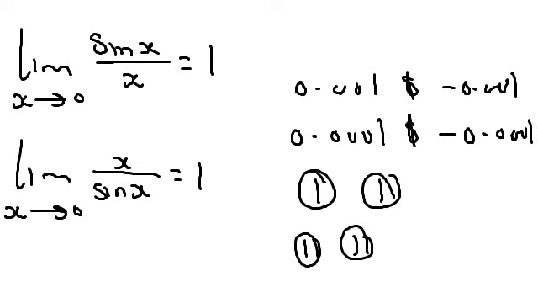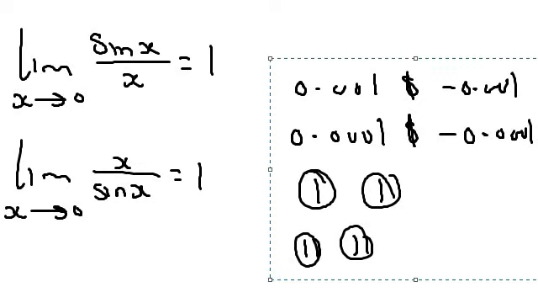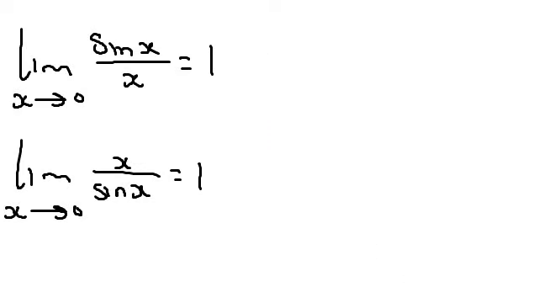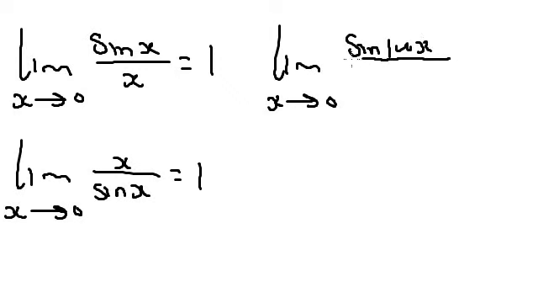Let's consider a situation whereby the constant is 100. So what will be the limit as x approaches 0 of sine 100x all divided by 100x?